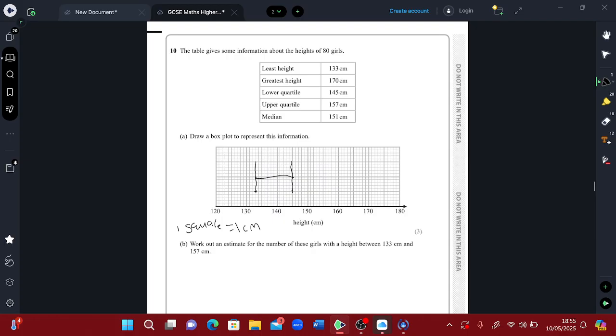And then we go to the median, which is 151. And then, bear in mind here, then it's a box. And then the upper quartile next to 157.